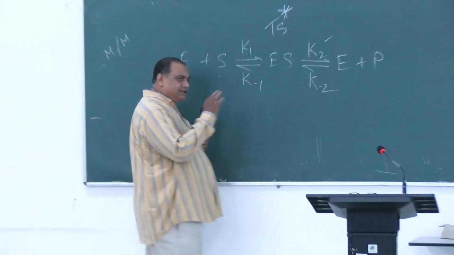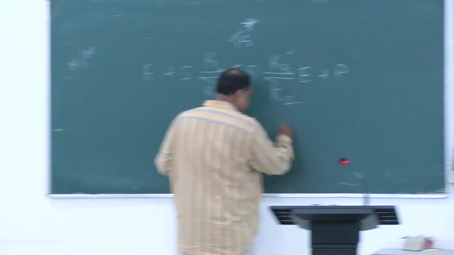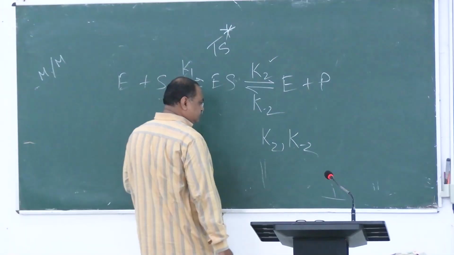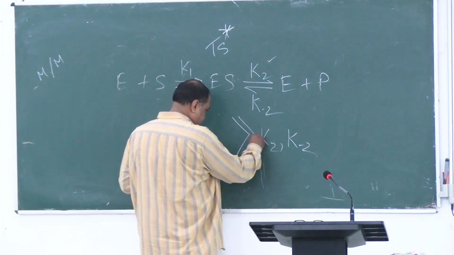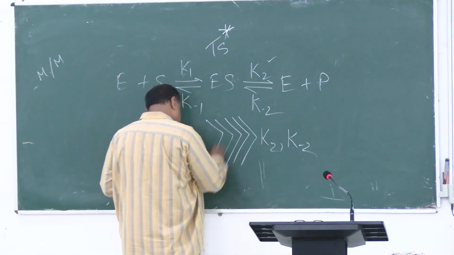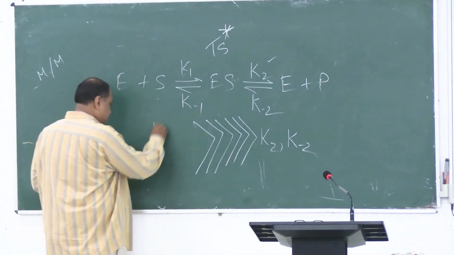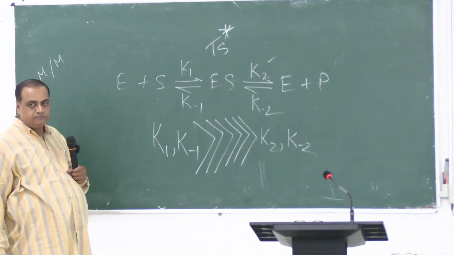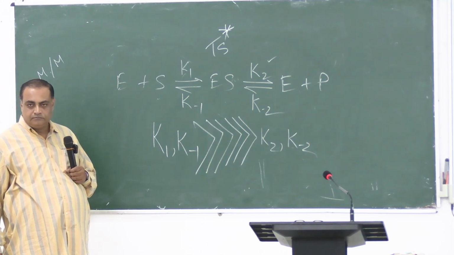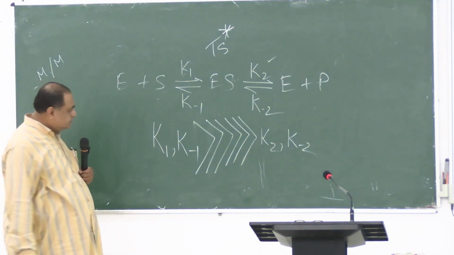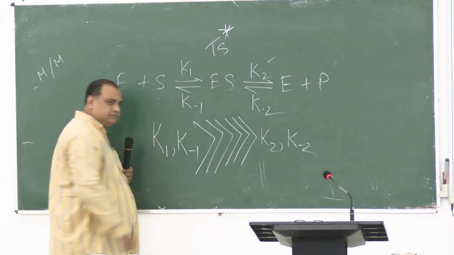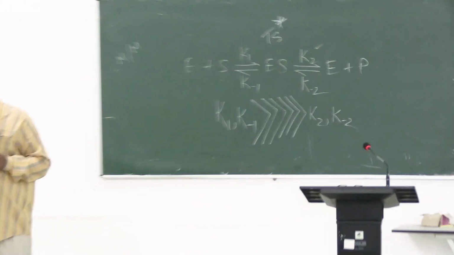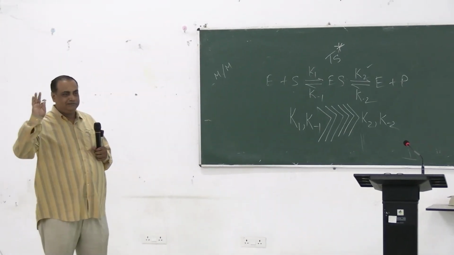So Michaelis and Menten said that this constant is very low, meaning the reaction practically does not happen. Practically, there is no reaction at all to form product.